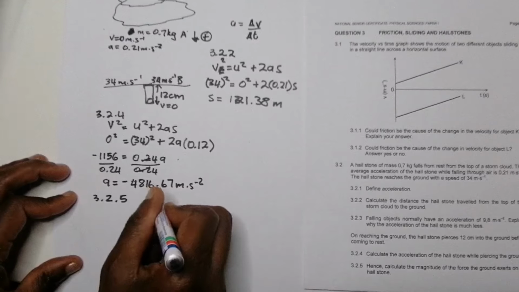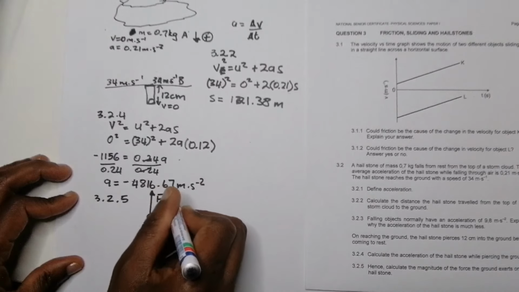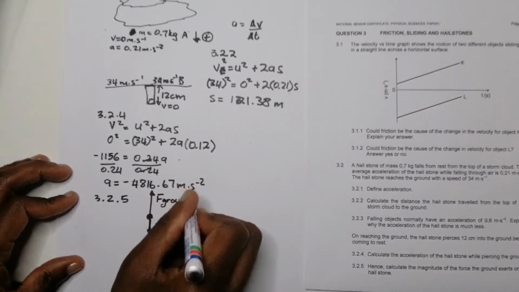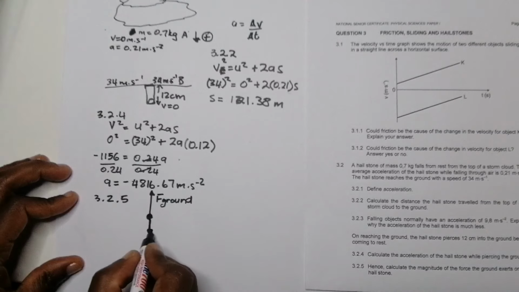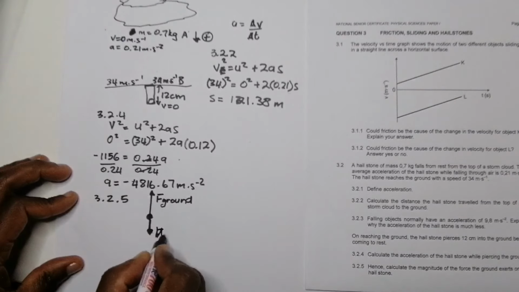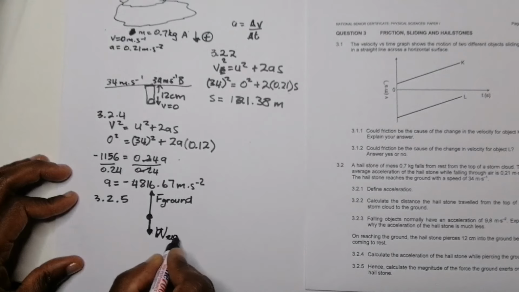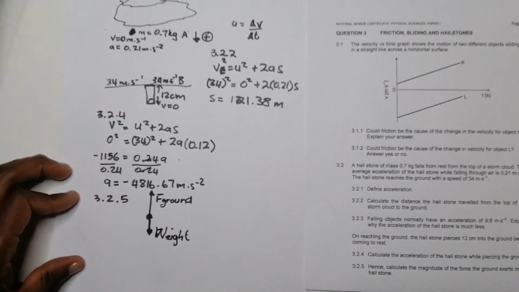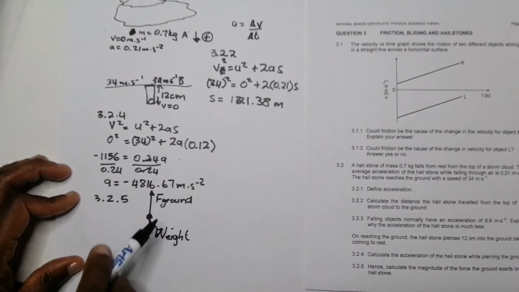Okay, so this is the force that the ground exerts, and this is the force of gravity, or let's rather say this is the weight. Those are the two forces that are acting on this hailstone. So they said calculate the force that the ground exerts.